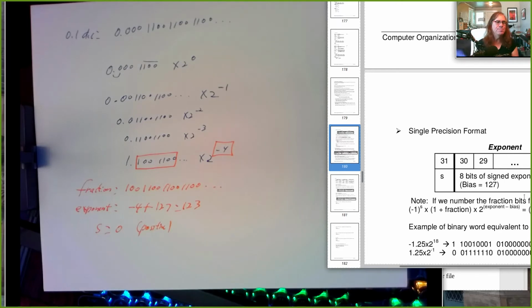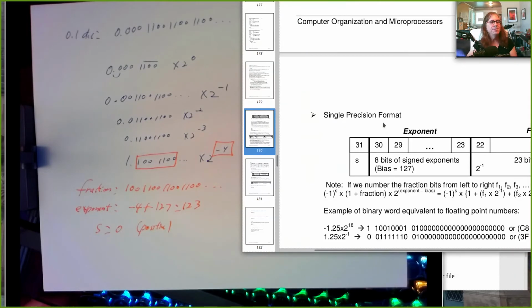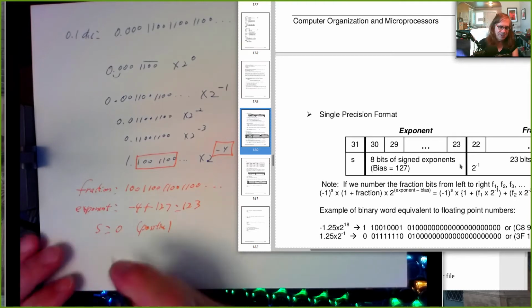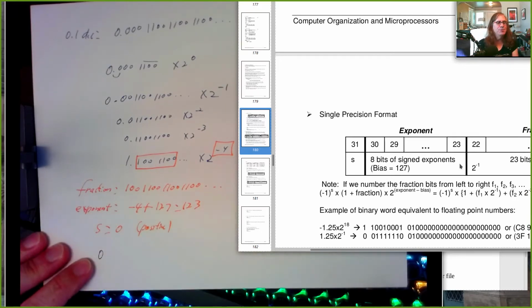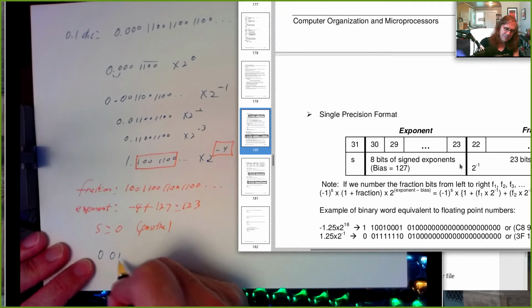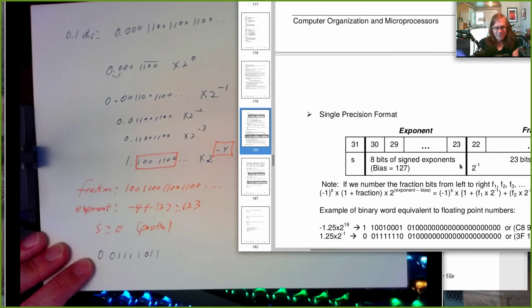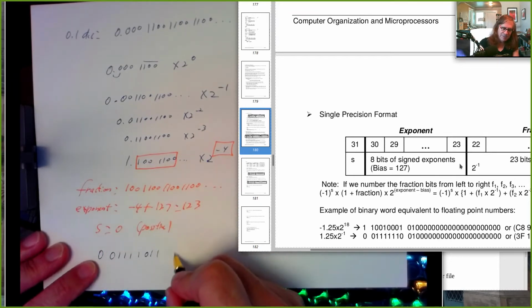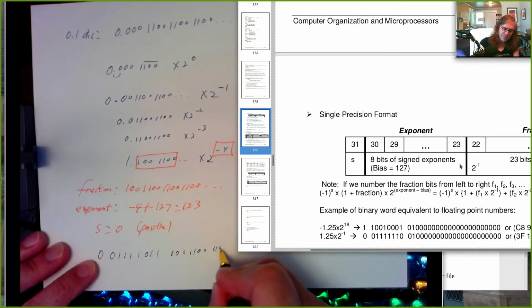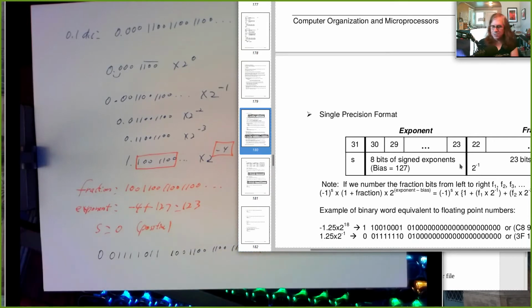Then you just put all of this into the bins that you find up here. So the sign bit is 0. The exponent is 8 bits, and it's the number 123. So that's 64, 32, 16, 8, 4, 2, 1, I believe. That should be 123. And then we do our fraction, 1001 1001 1001, and so on.